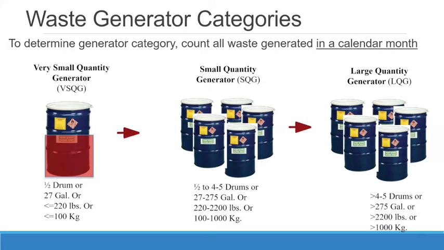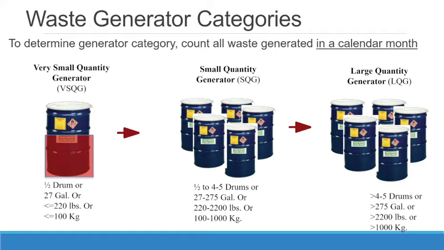And then we move to large quantity generator. A large quantity generator is a facility that generates more than 1,000 kilograms or 2,200 pounds per month. From a drum perspective, we're looking at 4 to 5 drums, again depending upon the weight of material.